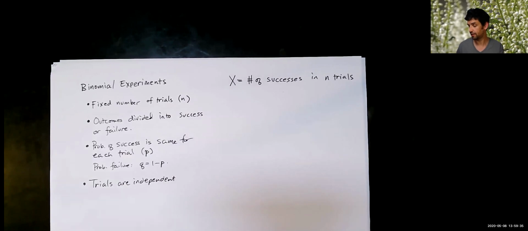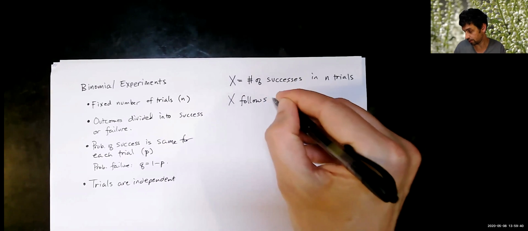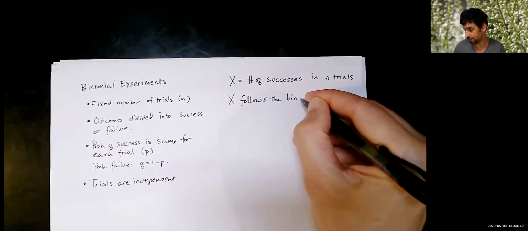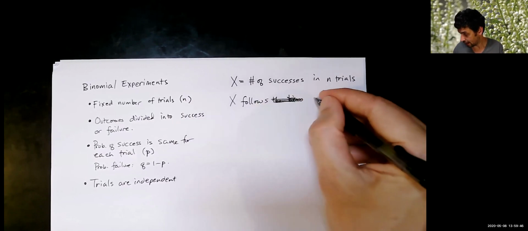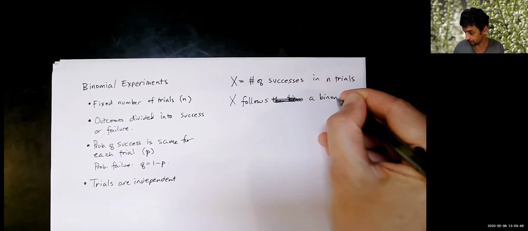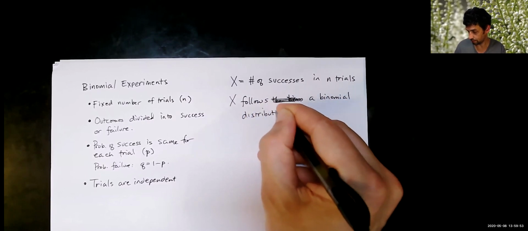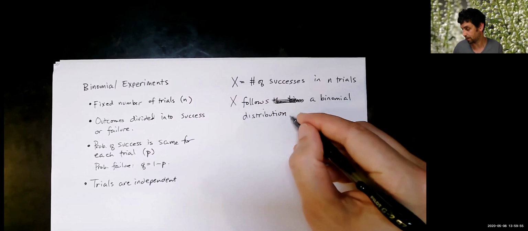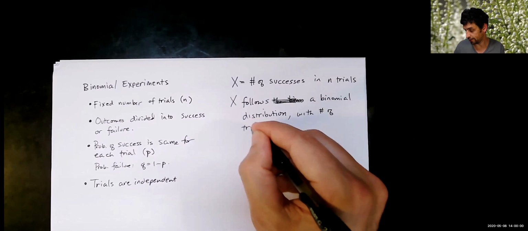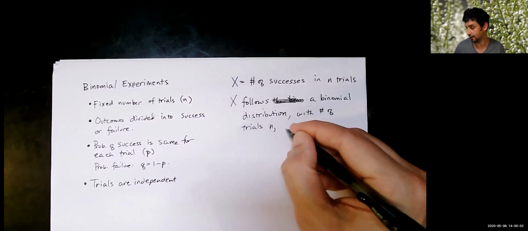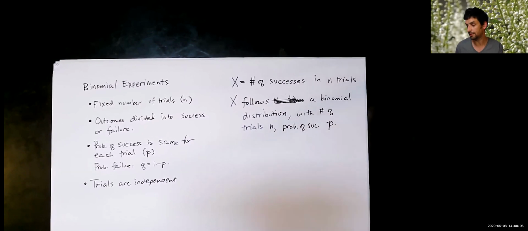Number of successes, then we say X follows a binomial distribution, right, with n trials and probability of success P.